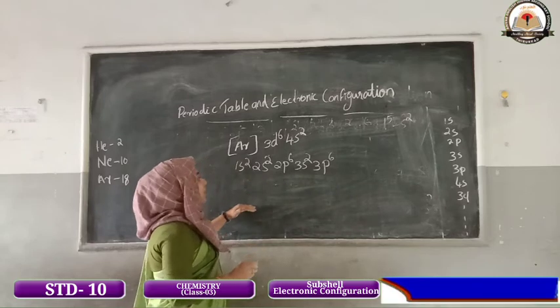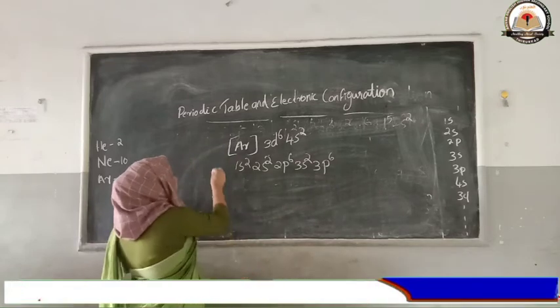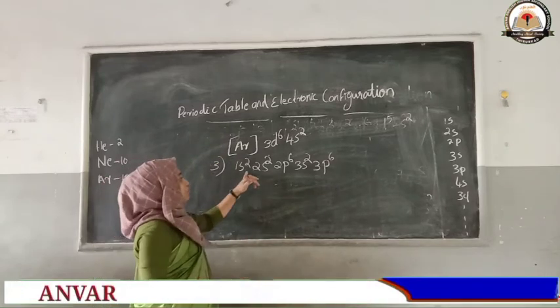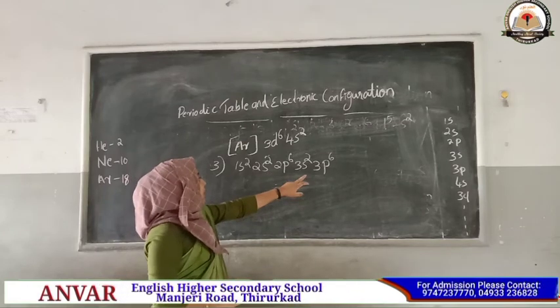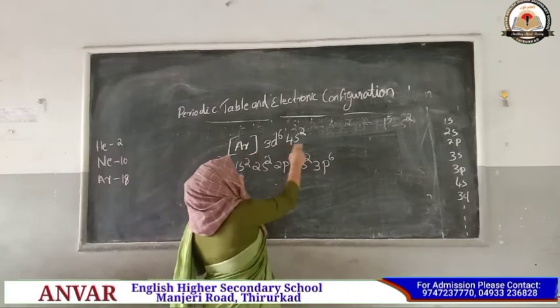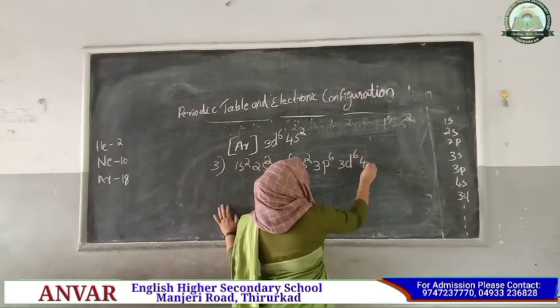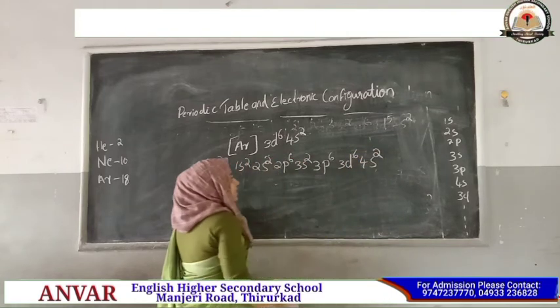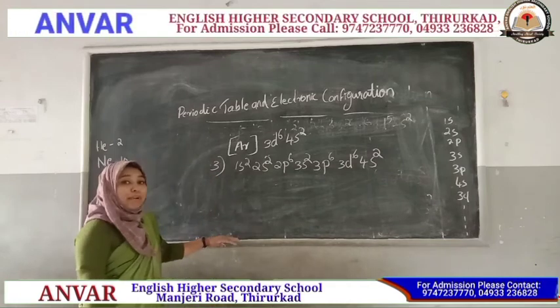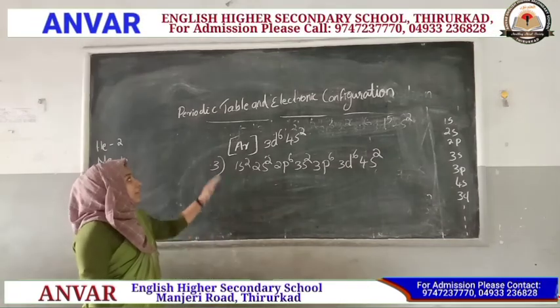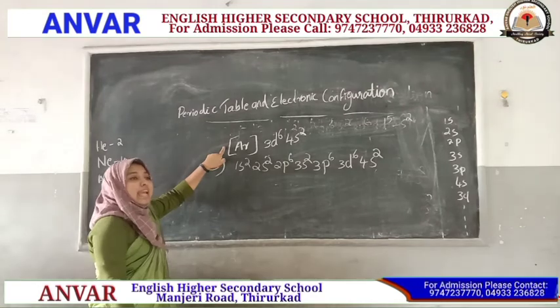This is the answer to the third question. Then we write 3d6 4s2. This is the complete subshell electronic configuration of this element.